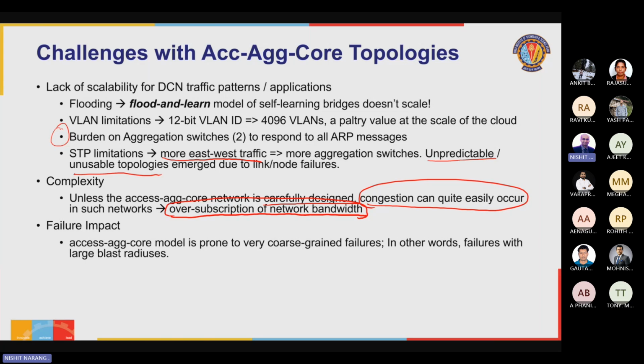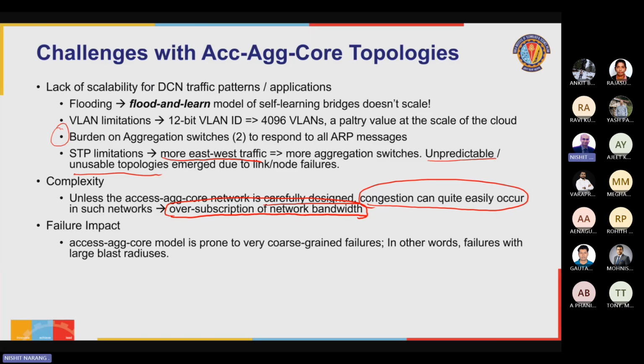Or in other words, the failures have a very large blast radius. Can you guess why that is the case? By just having an understanding of the topology that we just discussed. Why do you think an access aggregation core topology has a larger blast radius? It's basically another way of saying that if there's a single failure, one failure in the network, the impact is much larger.